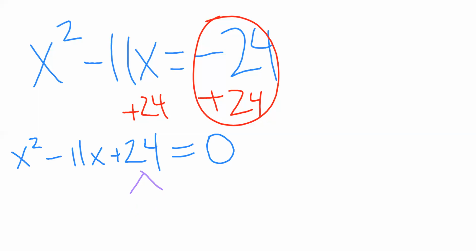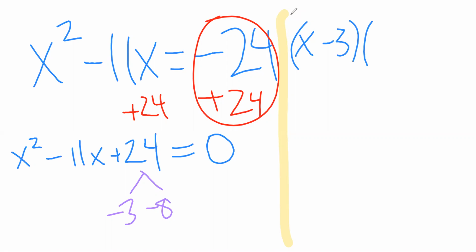Now I happen to know what it is because I made it up. 3 and 8 is a combination that'll work, but not positive 3 and positive 8, negative 3 and negative 8, right? So we'll go ahead and factor that. Let me go ahead and draw a line for organization's sake. And we'll factor this as x minus 3, x minus 8 is equal to 0.